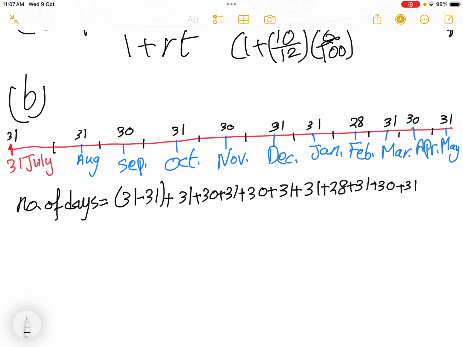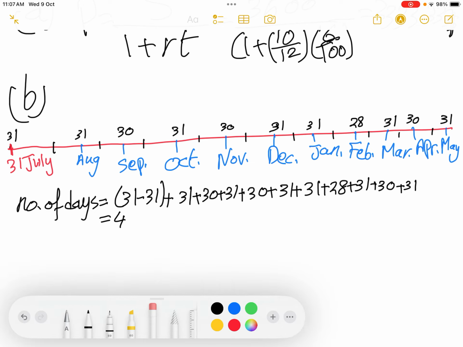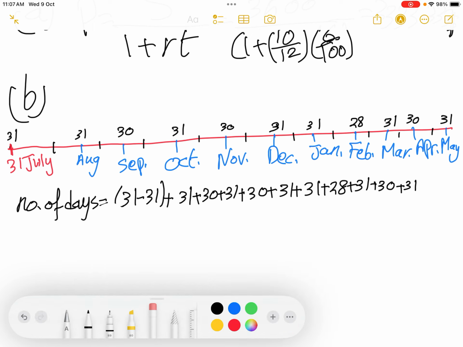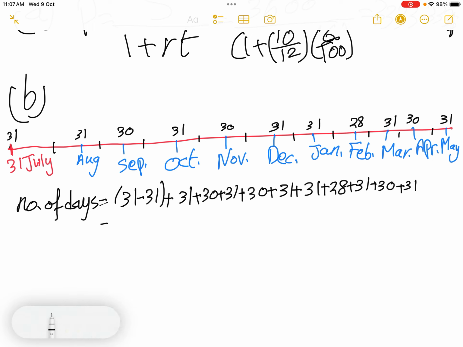You will have here 300, which is how many days? 304 days.